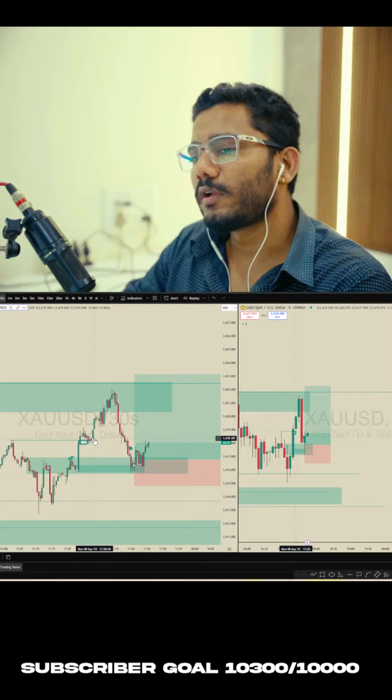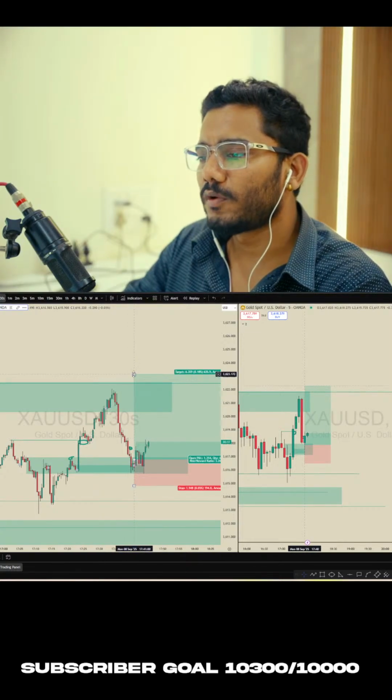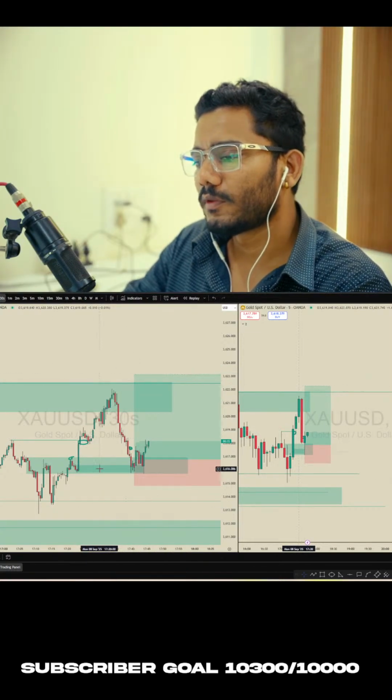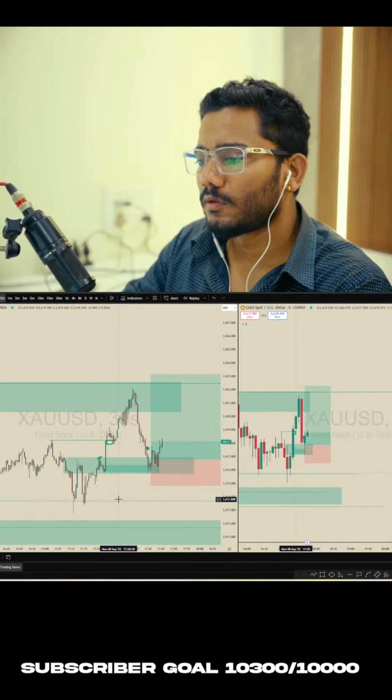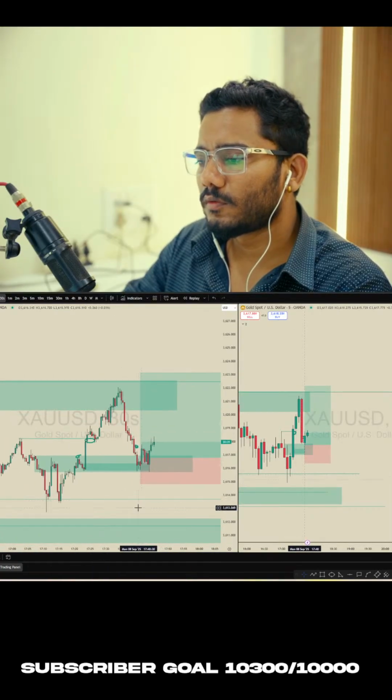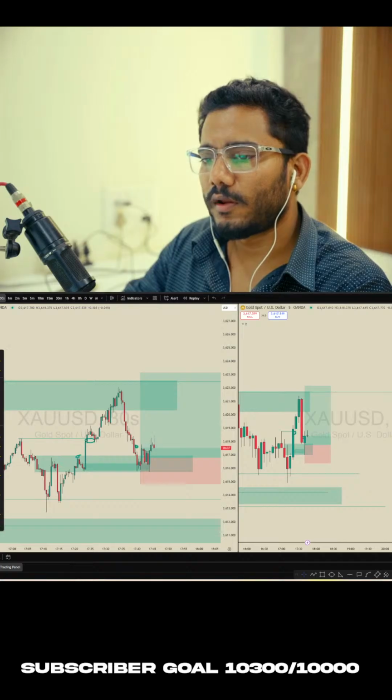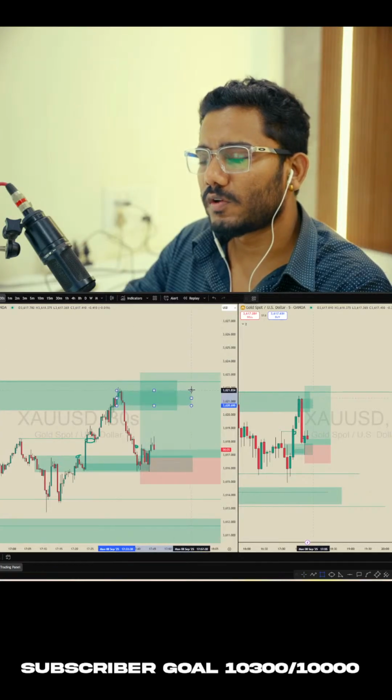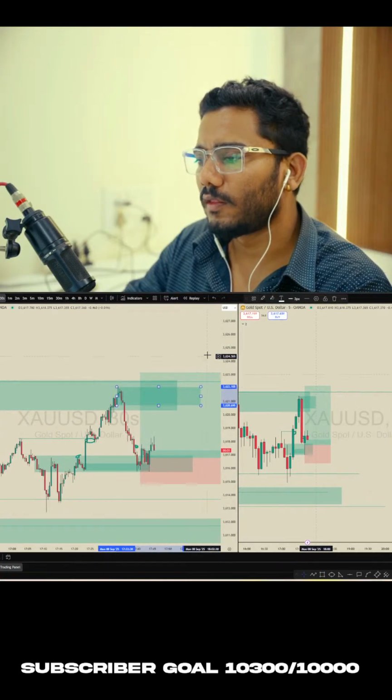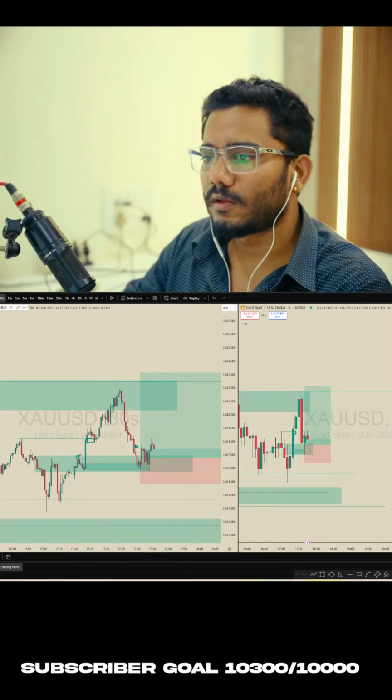So as we are on all-time high, we can trail the stop loss. Right now it's 1:3. So what we can do right now is close some of our position at this order block, and then we can keep the rest running.